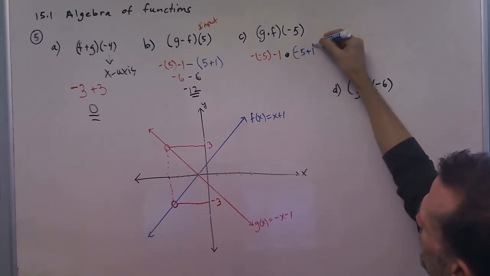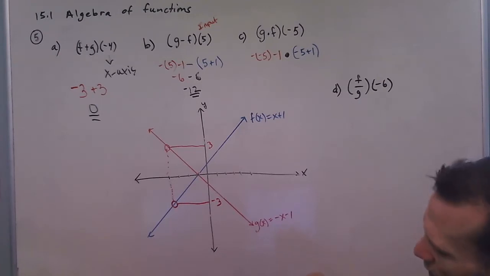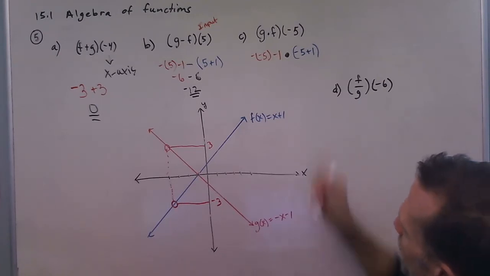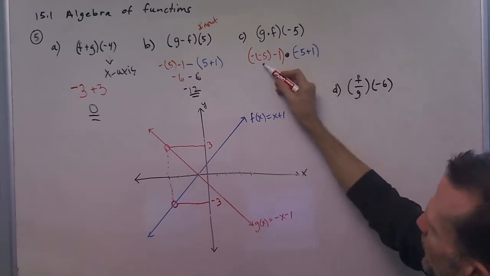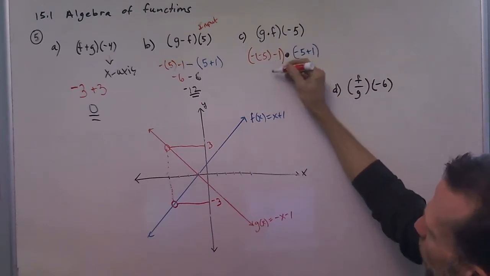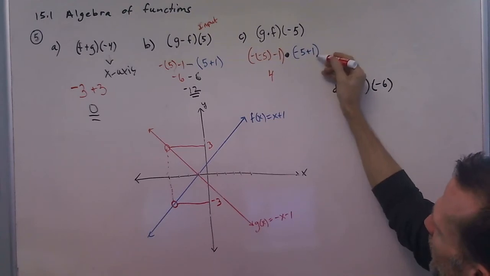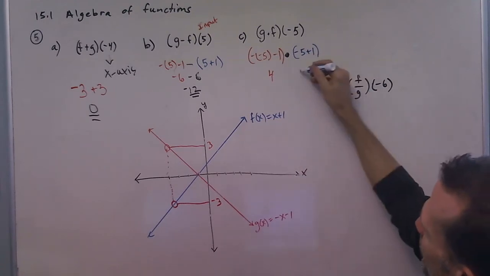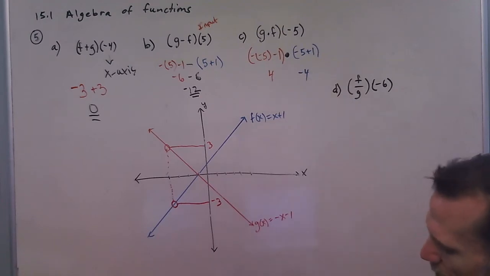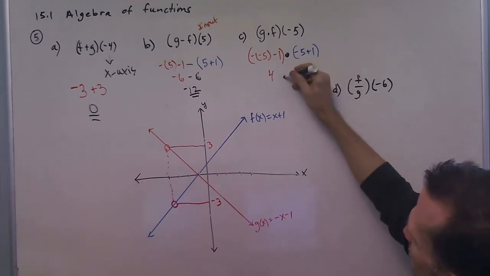Okay, so you might want to put this in a parenthesis and maybe put this in a parenthesis. Kind of helps a little bit, but it gets a little messy too. We get -5 minus 1 is -6 and -5 plus 1 is -4. And then I'm going to multiply those two together and get -16.